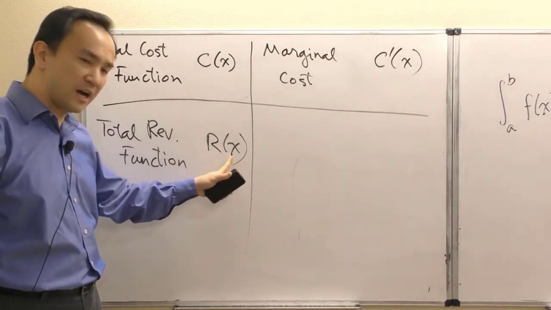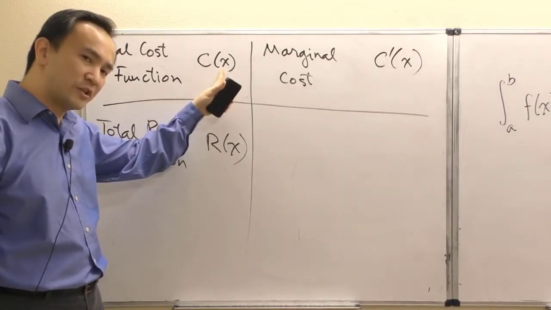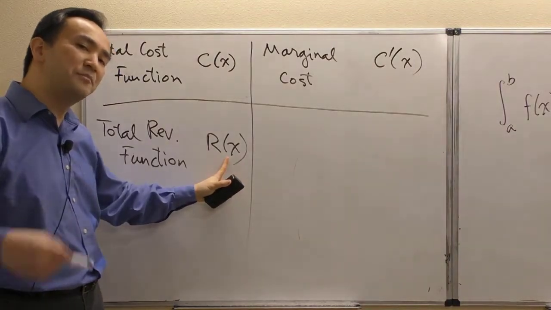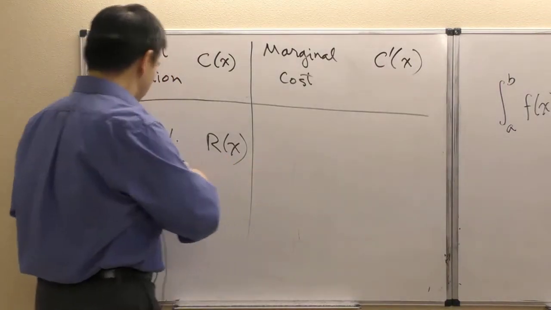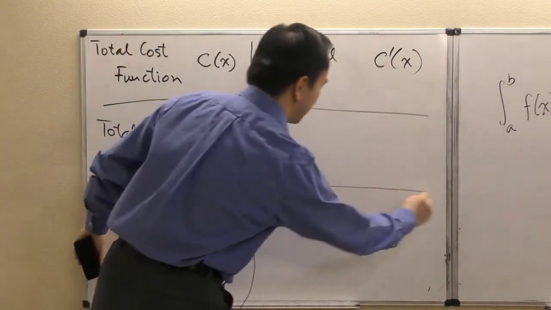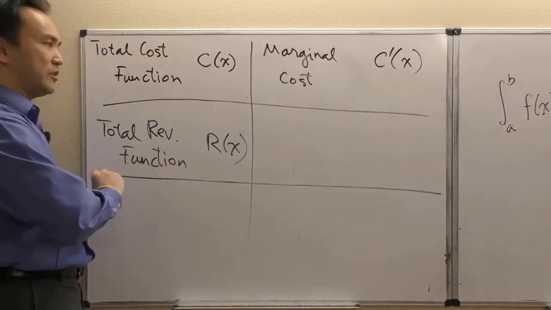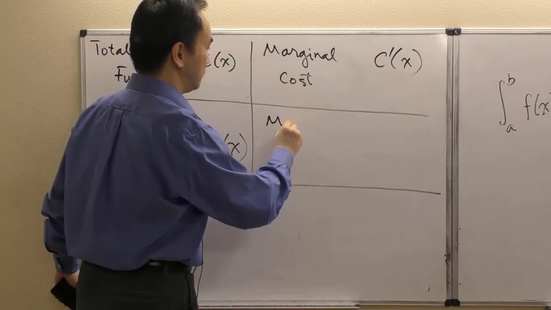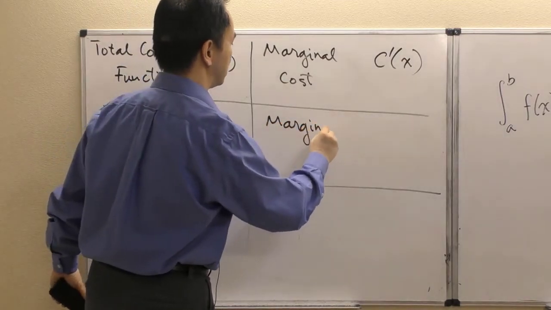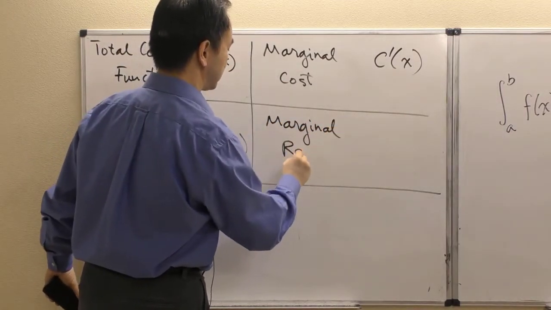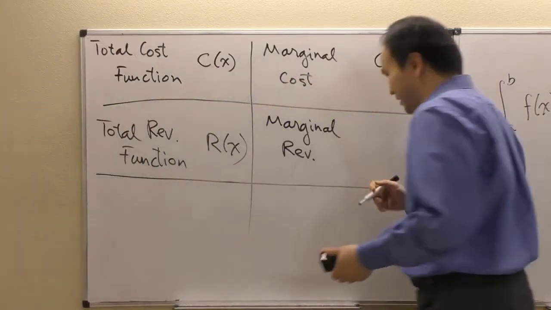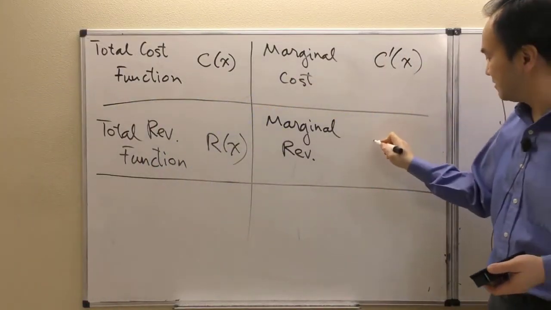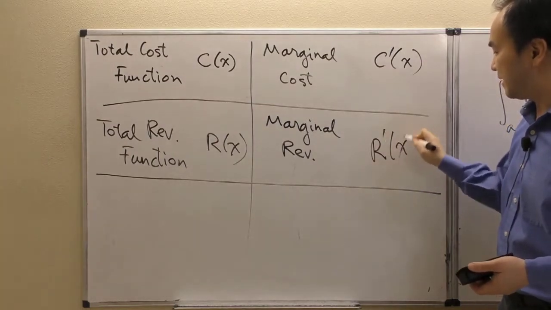That's the cost for producing x units, and the revenue we're making for selling x units. And corresponding to the revenue function, then we knew about the marginal revenue. Up to this point of our understanding, it's the derivative of R.